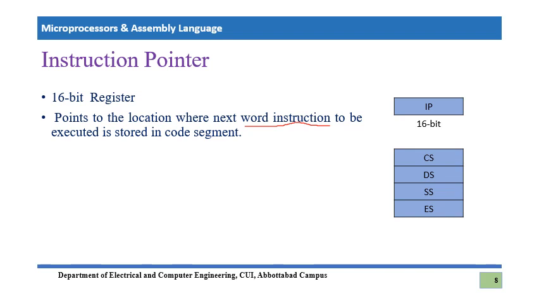Word means 16 bits. 16 bits of instruction. And what instruction are we talking about? The one which is about to execute. We are not talking about an instruction which is already in execution, but the instruction which is about to execute.